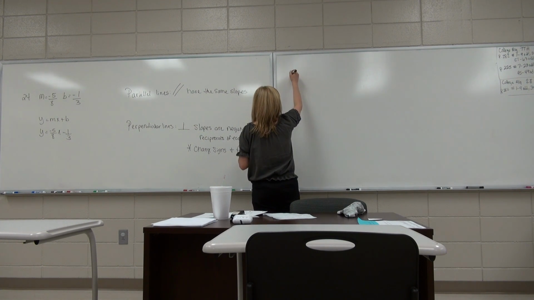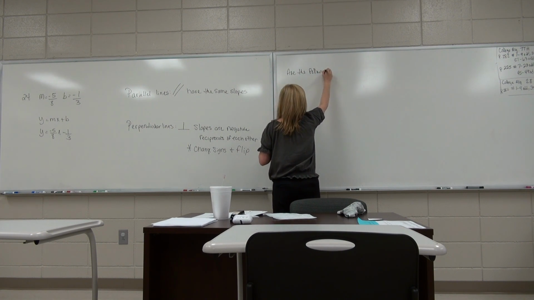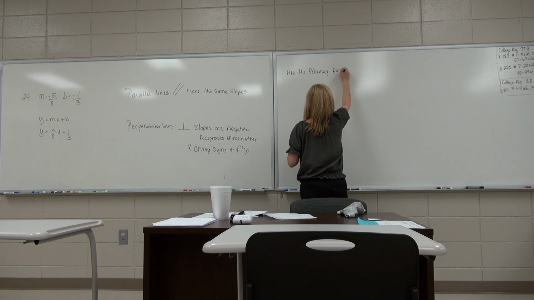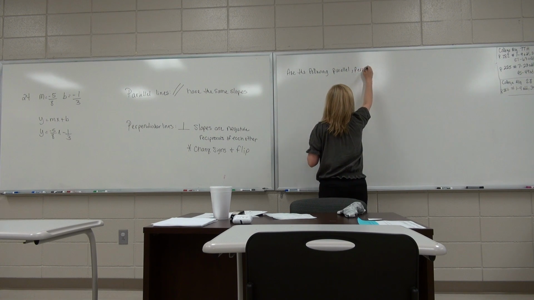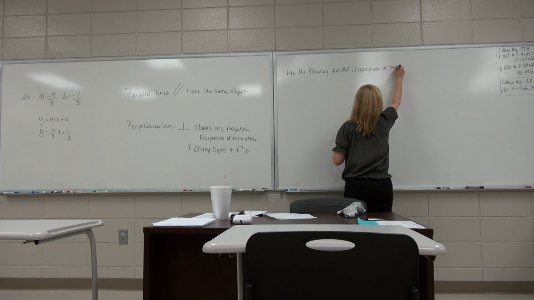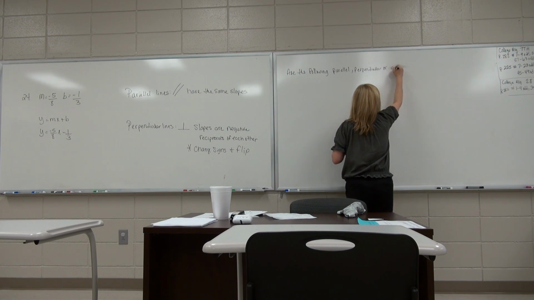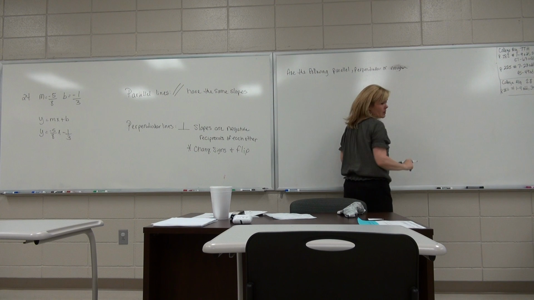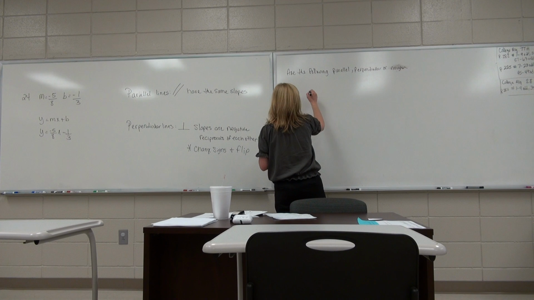On these first few that I want you to do, you're going to tell me, are the following parallel, perpendicular, or neither? Let's look here. We're going to be given the slopes.